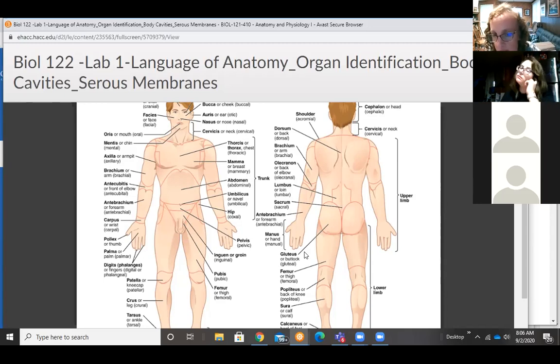Your gluteus minimus is the little muscle that's right here. If during an exam you put down part of that, either gluteus or maximus or minimus, you get partial credit.